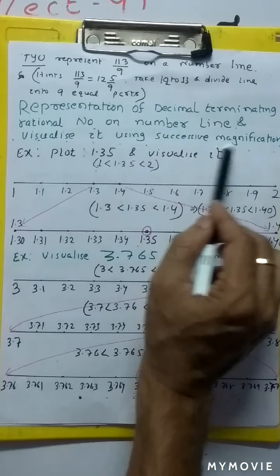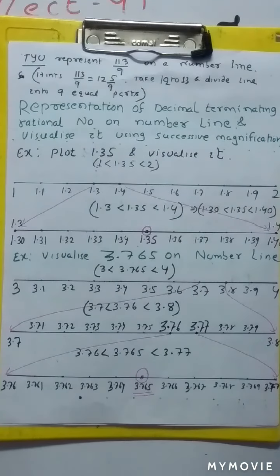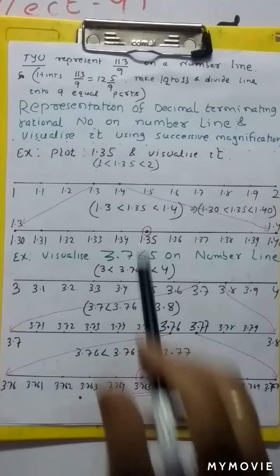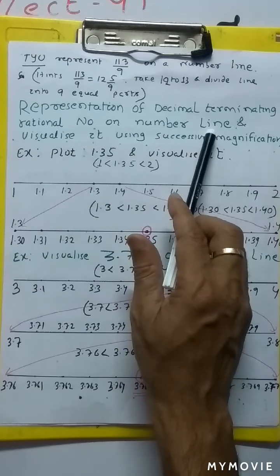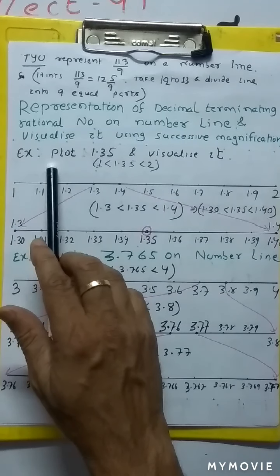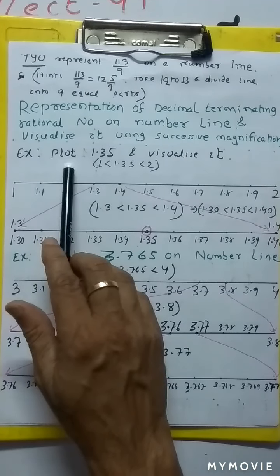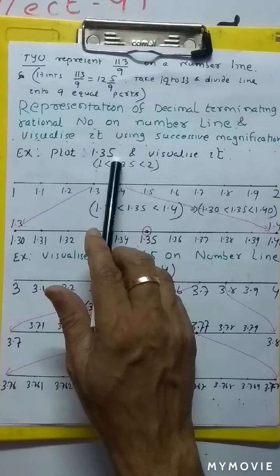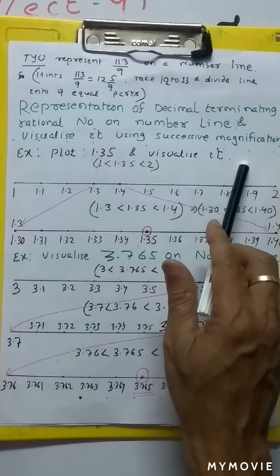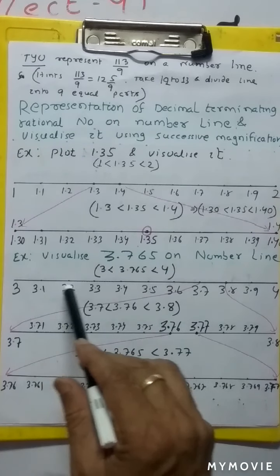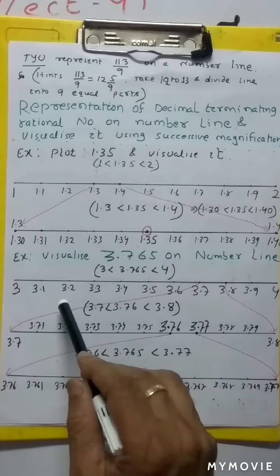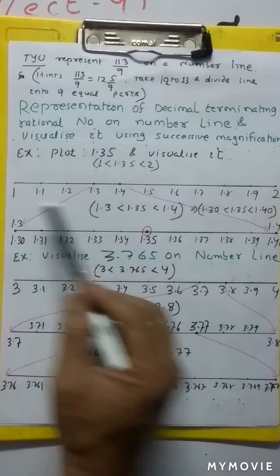Okay, so next is representation of a decimal terminating rational number on the number line and visualizing it using successive magnification. You see how I am representing a decimal terminating rational number on the number line. Suppose we have to plot 1.35 and visualize this number on the number line.